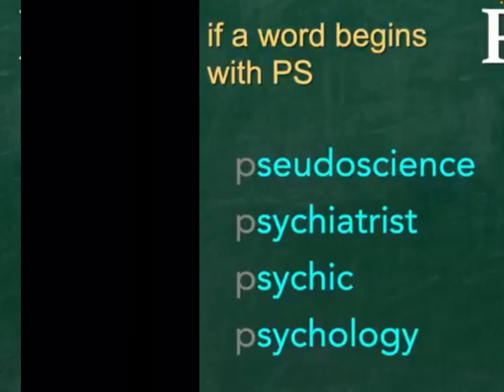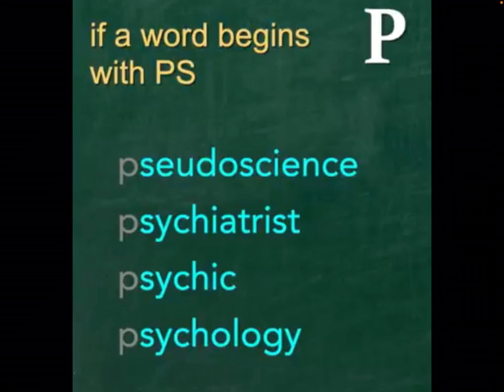Now, what about the letter P? We don't pronounce P if it comes at the beginning of a word before an S. For example, pseudoscience. It's kind of a hard word, but pseudoscience.